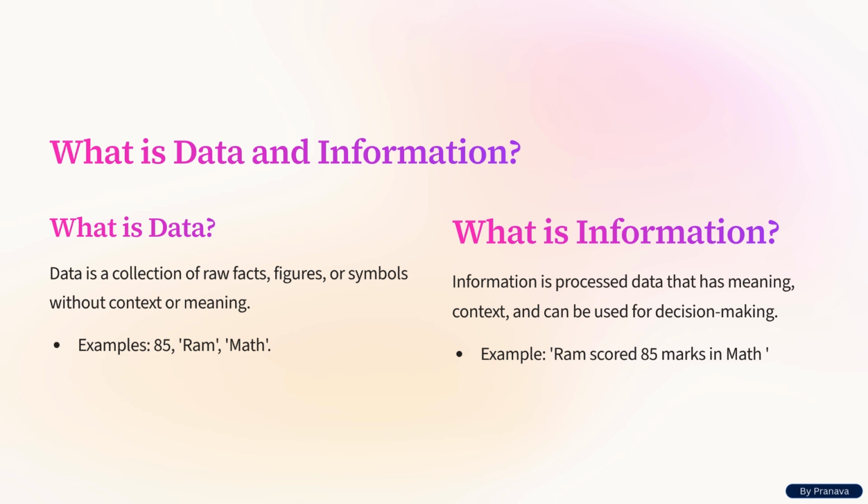That information contains a certain meaning and context, and will be used in decision-making. Example: Ram scored 85 marks in math. This sentence gives you complete information about what Ram has scored, in which subject, and how much. So this is the main thing about what data is and what information is.